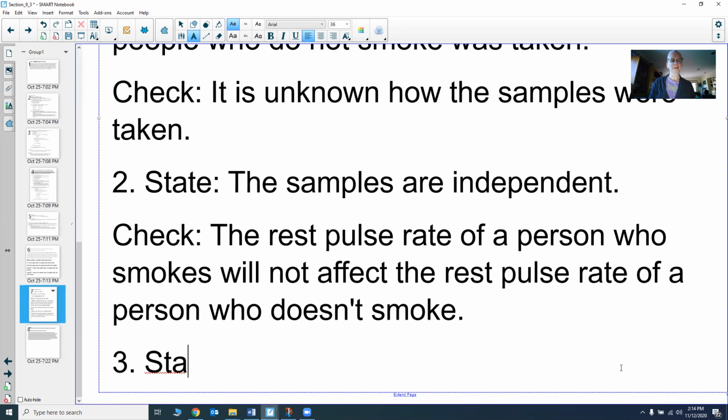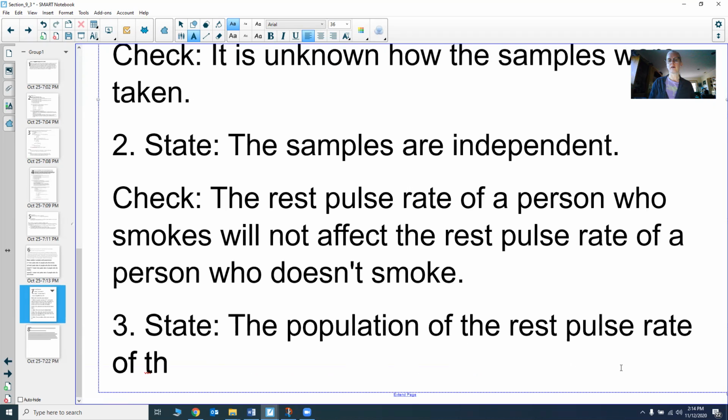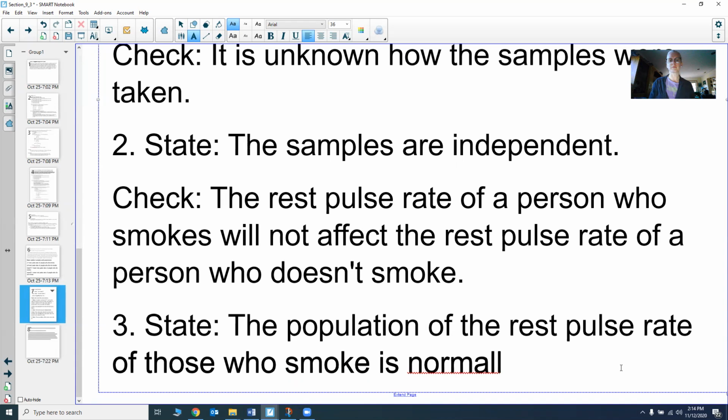The third assumption, again the stating part of it, is that the population of the resting pulse rate of those who smoke is normally distributed.